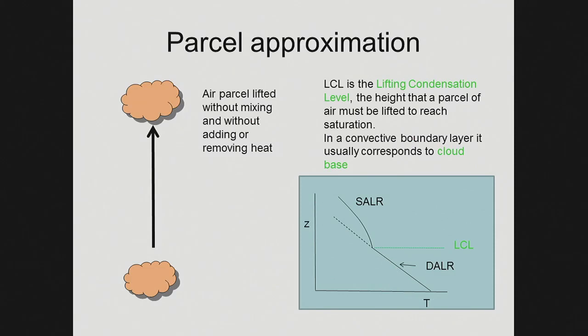You usually find this in the boundary layer, and that will be your cloud base. So you'll be familiar with usually when you look up, there's some sort of cloud base, some level of the cloud above you, which is reasonably consistent as you look around the sky, and that's because it's governed by this process here. So that's the lifting condensation level.